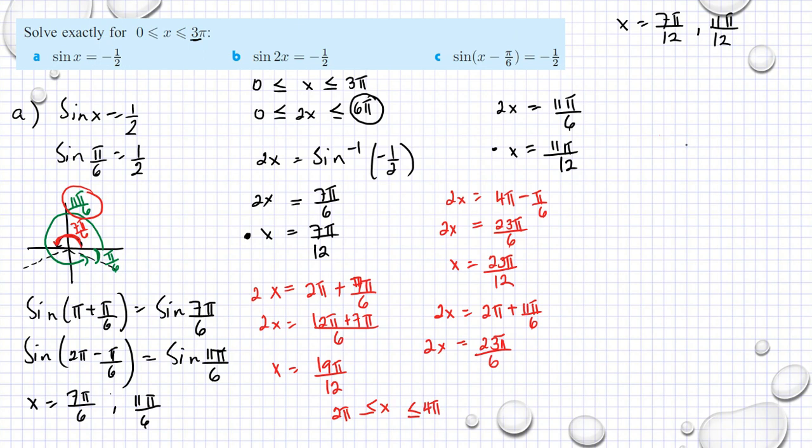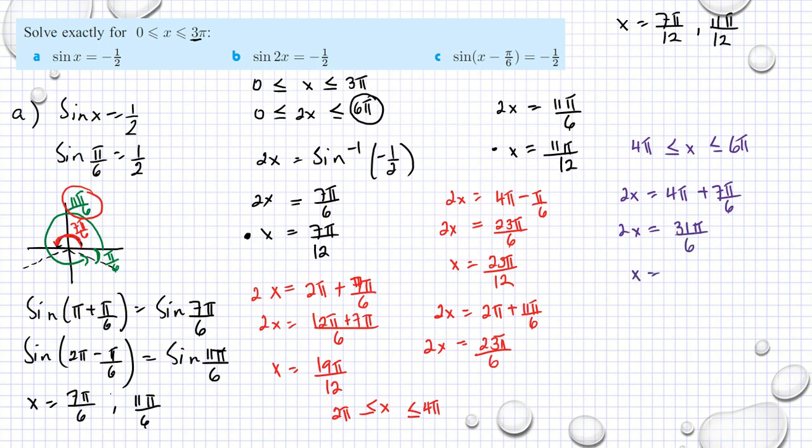We have when our x is from 4 pi to 6 pi now. It's the same. We have 2x is equal to 4 pi plus 7 pi divided by 6. Then 2x is equal to 24 plus 7, so we have 31 pi divided by 6.